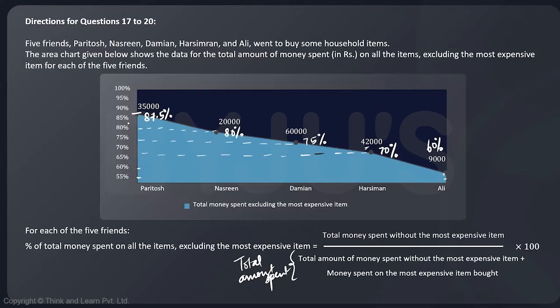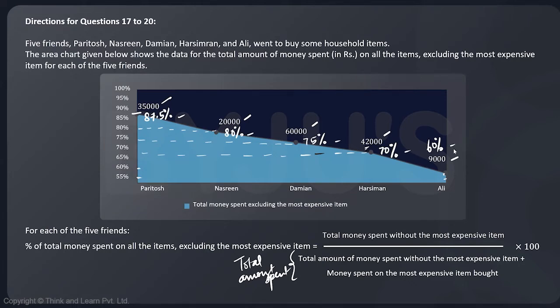Now, let's draw a table where we will put, let's say, the first column as the friend's name and the total money that they have spent from the given area graph. Then the next column to be the percentage values.